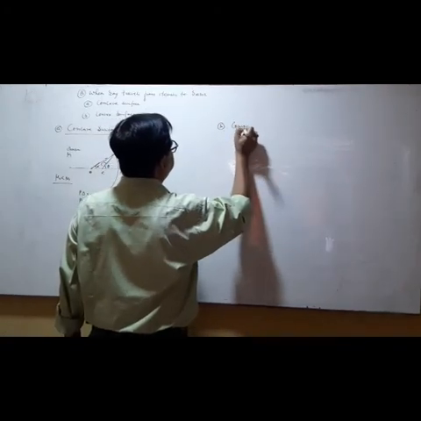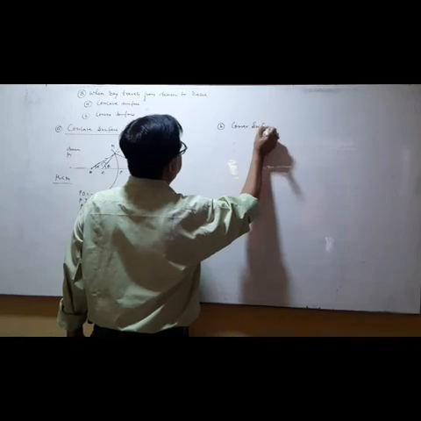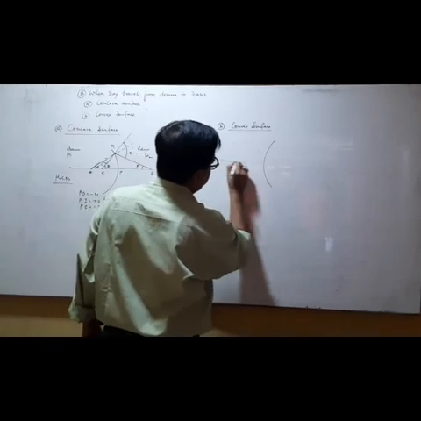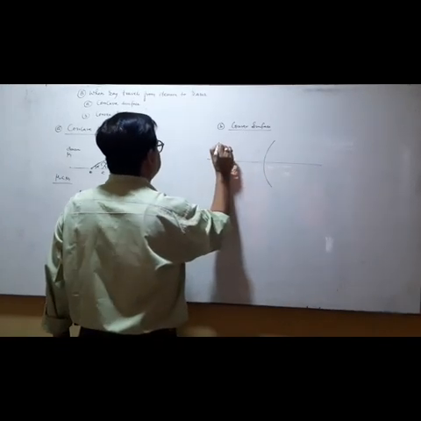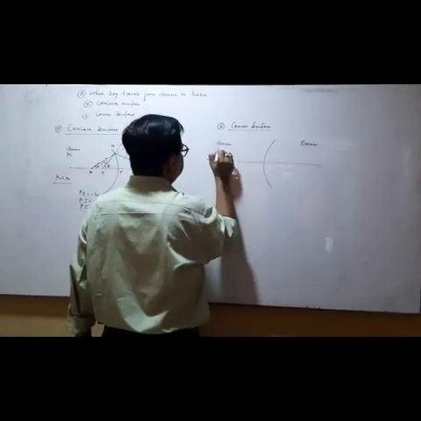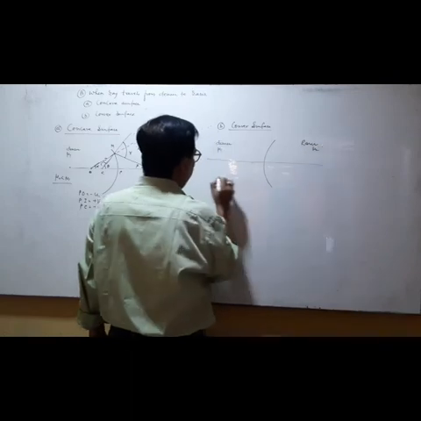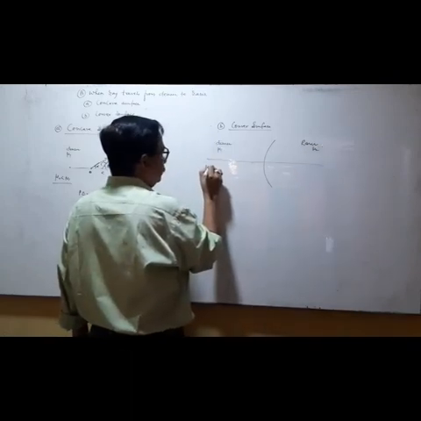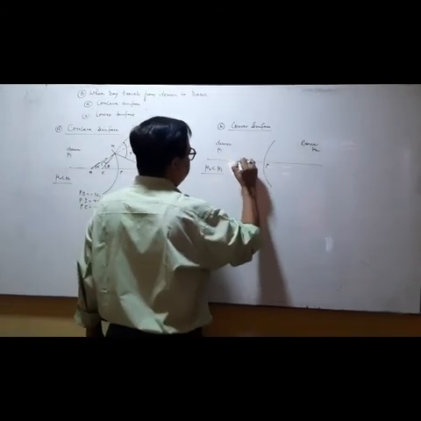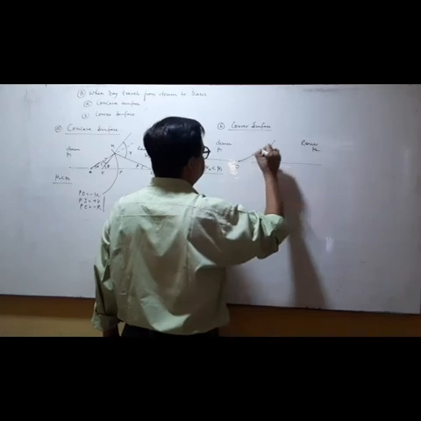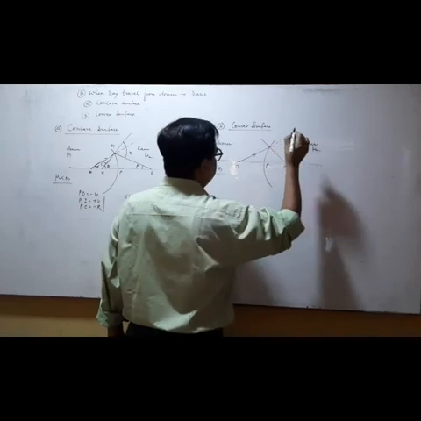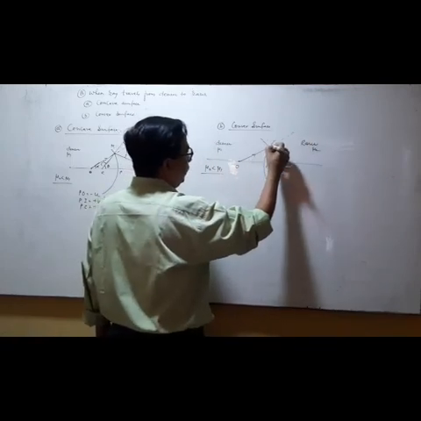convex surface. This is denser, this is rarer, mu1, mu2, mu2 is less than mu1, P, O, C, original direction, and again it goes away from the normal.